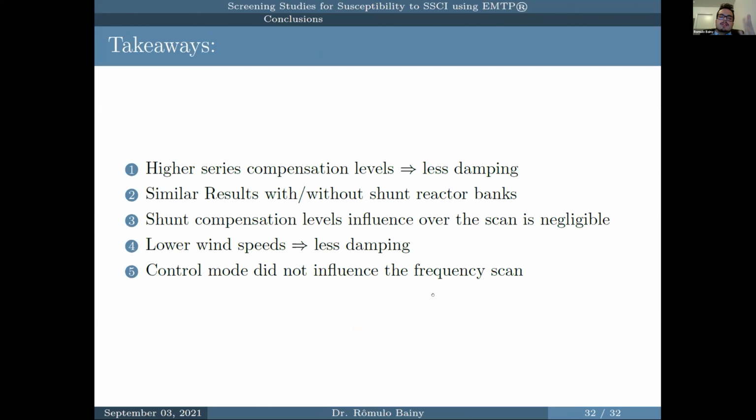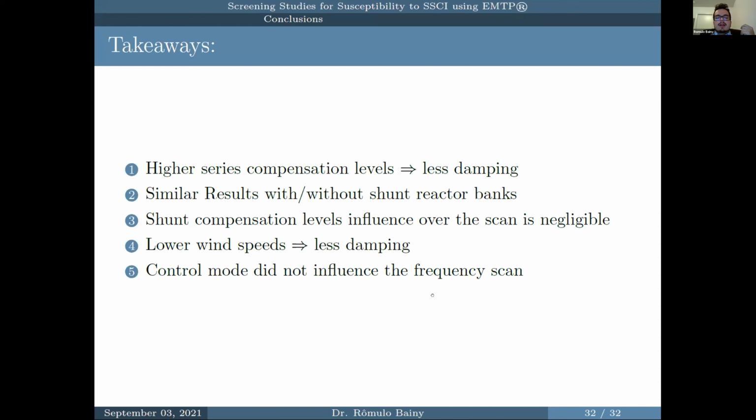We got similar results when we include or remove the shunt reactor bank, so they don't play a major role for the SSCI in these studies that we showed. The shunt compensation levels, their influence over the frequency scan is almost negligible.